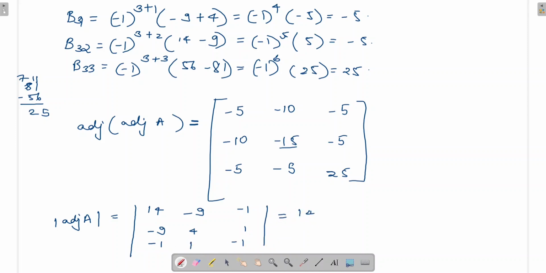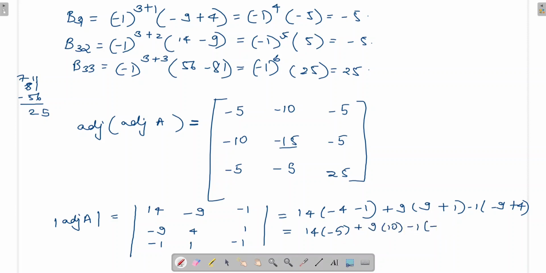So we will get 14 times minus 1 times 4 is minus 4, minus of 1 times 1 is minus 1, and plus 9 times minus 1 times minus 9 is 9, minus 1 times 1 is plus 1, because minus of minus 1 into 1 is plus 1, then 1 times minus 9 is minus 9, minus of minus 1 times 4 is plus 4, so we will get 14 times minus 5 plus 9 times 10 minus 1 times minus 5.